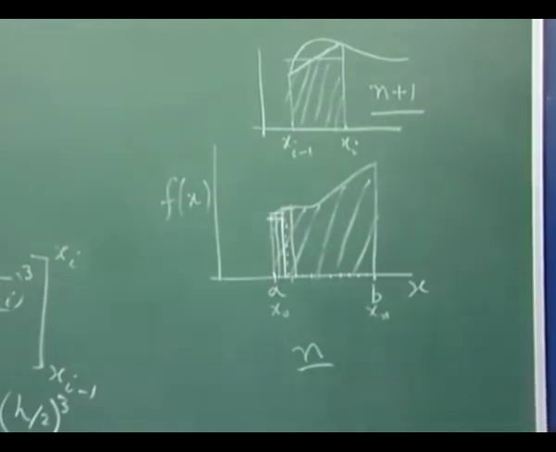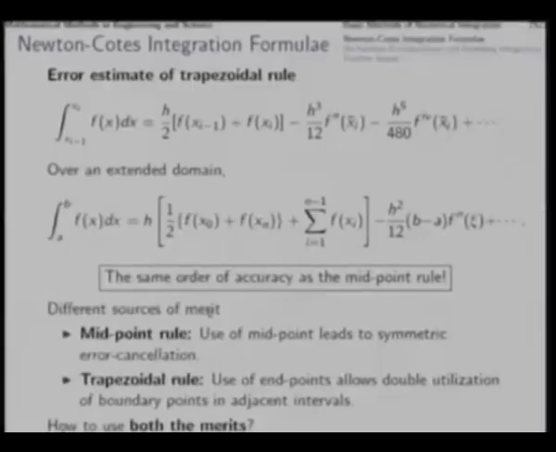Now the question is, considering these two different sources of merit in the midpoint rule and the trapezoidal rule. In the midpoint rule, use of the midpoint leads to symmetric error cancellation, okay, which will be an advantage of all those rules which use symmetric positioning of points in a subinterval or over a panel of subintervals.